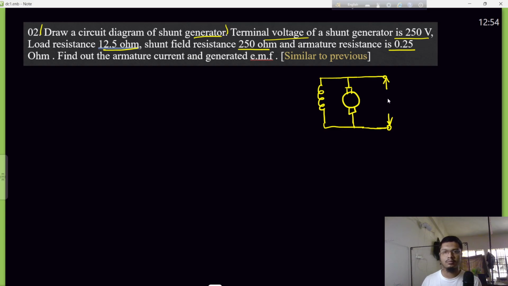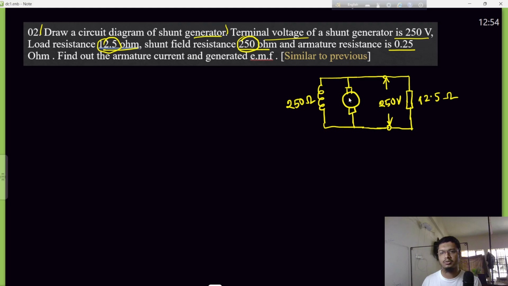The terminal voltage is 250 volt and the load resistance is 12.5 ohm, so we can connect a load whose resistance is 12.5 ohm, and the shunt field resistance is 250 ohm.